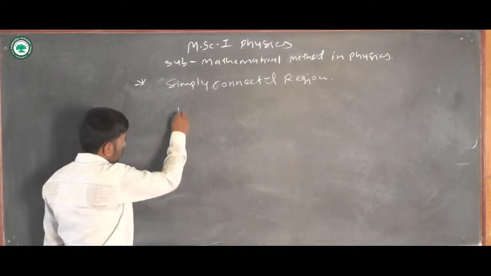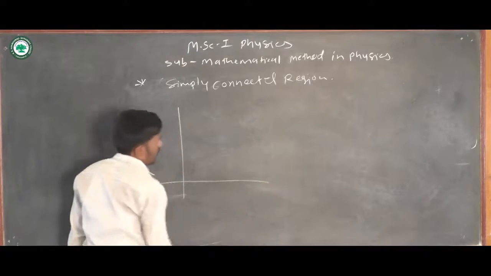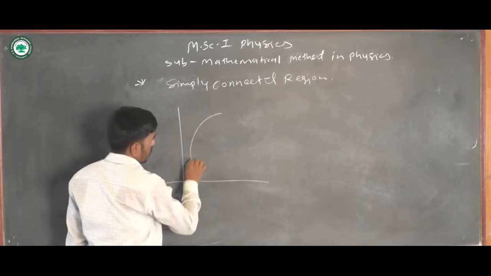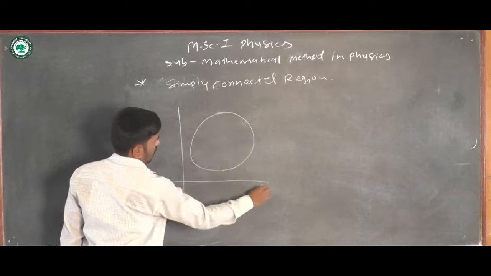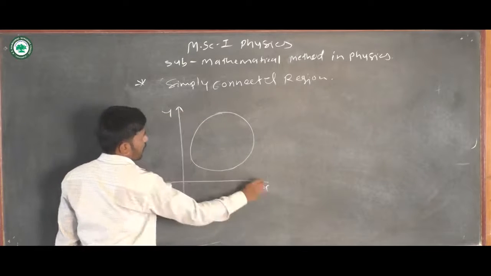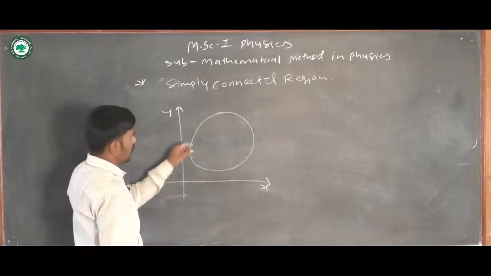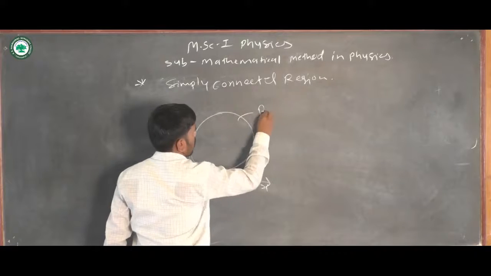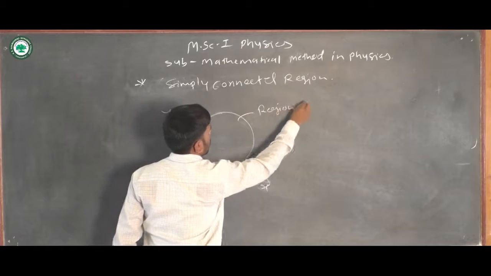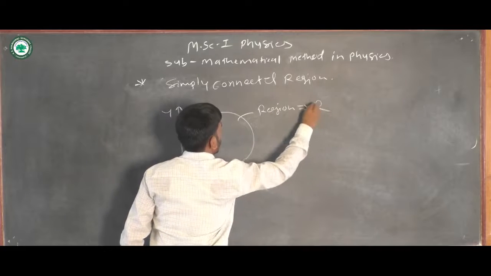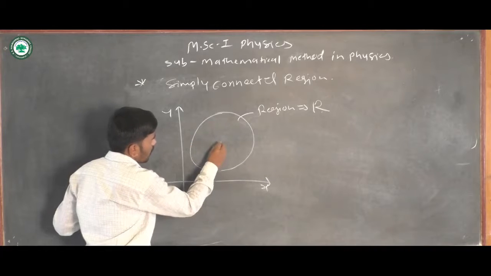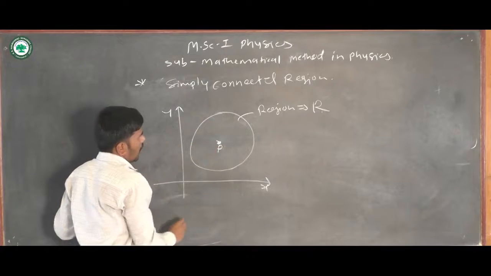So here I am considering a 2D rectangle. Suppose this is x and this is y, and this is the origin. You consider this region, which is defined as R. In this region, suppose here is a point P.